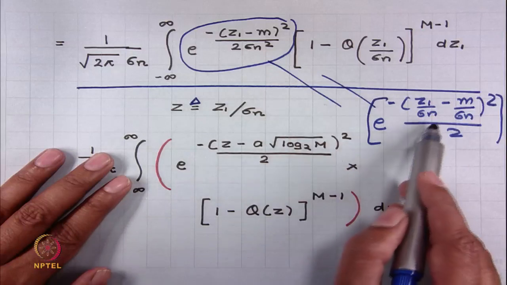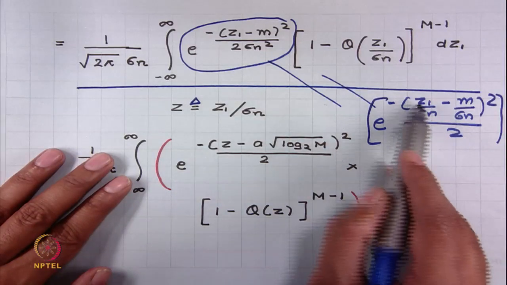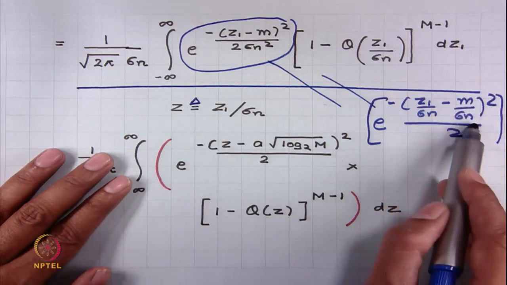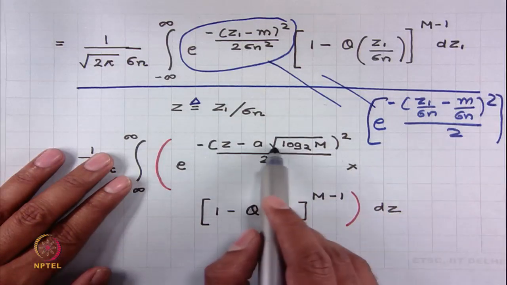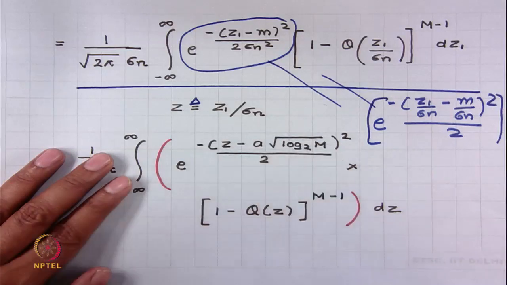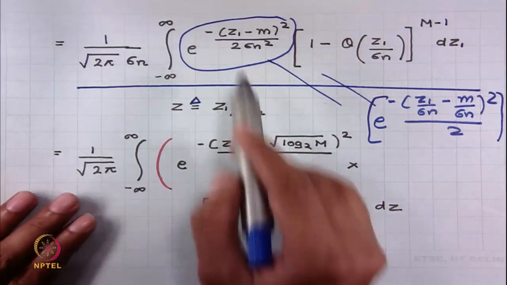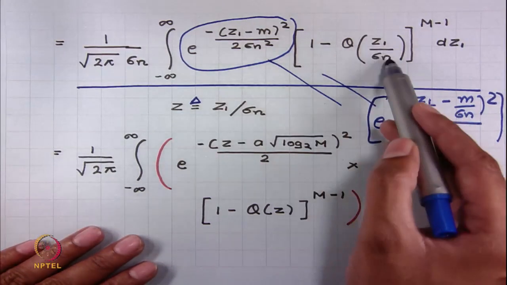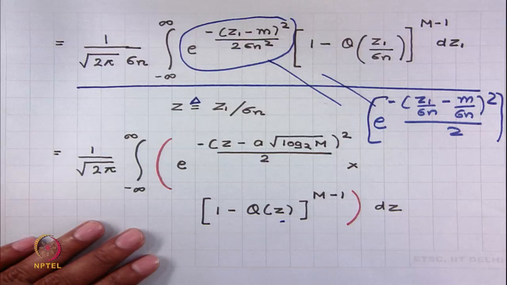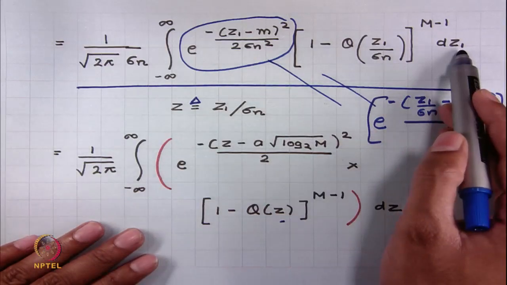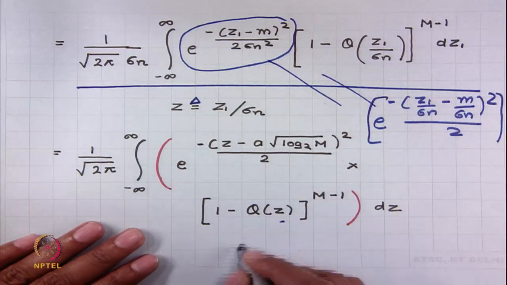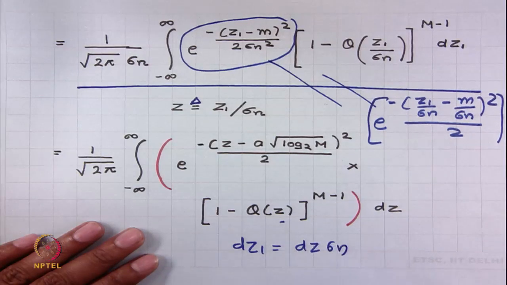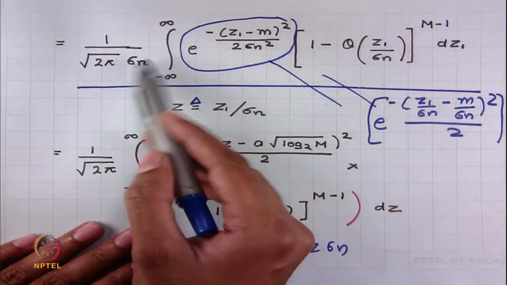Instead of it, we want to write it like this: Z1 by sigma n, we defined it to be Z, and m by sigma n, we have defined it to be A times root of log 2 m. So, this simply becomes this: Q of Z1 by sigma n is simply Q of Z, and dZ1, what is dZ1? dZ1 is dZ times sigma n, and thus this sigma n gets cancelled.